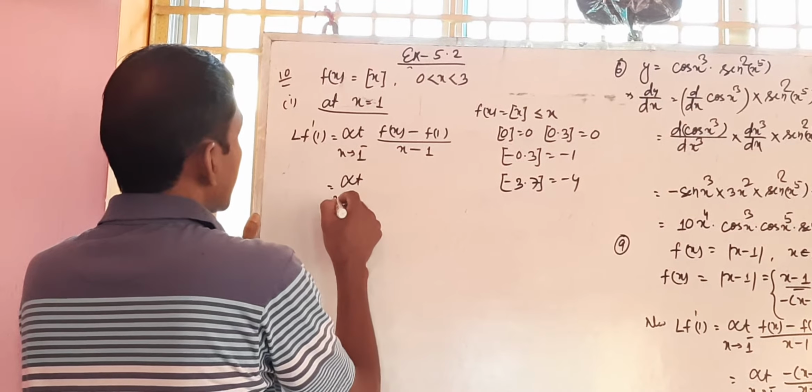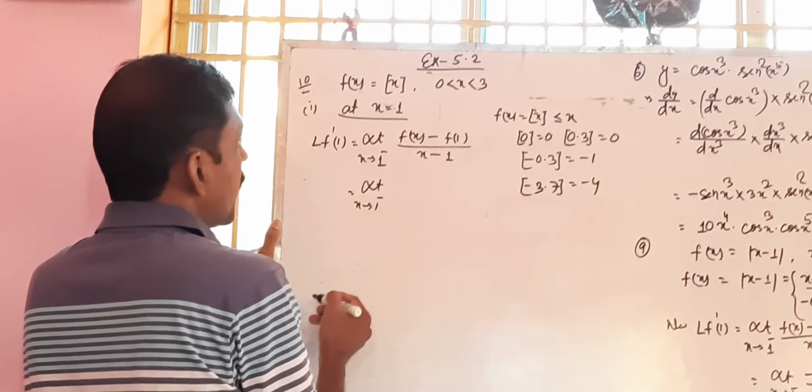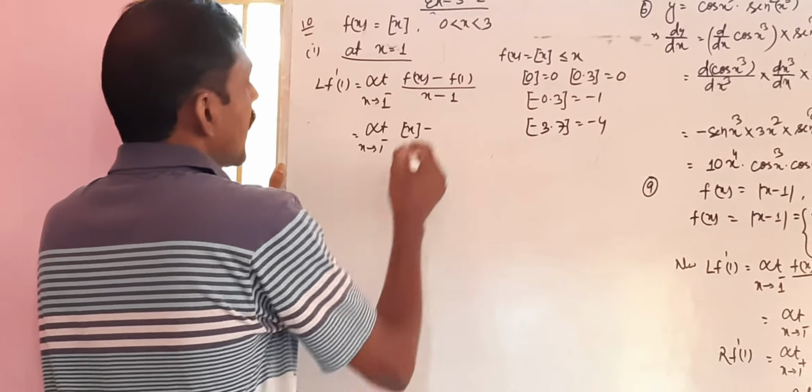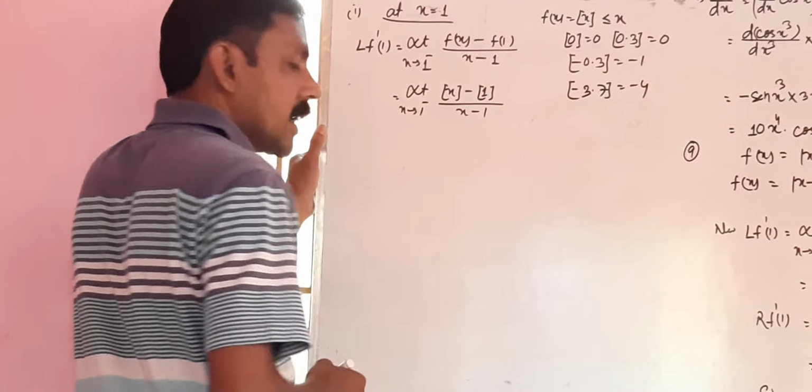Here f of x is bracketed x and f of 1 is bracketed 1.